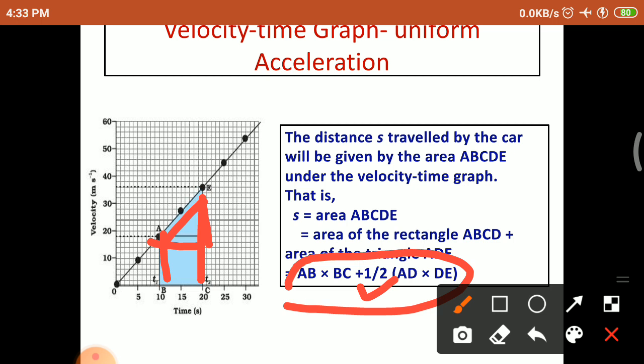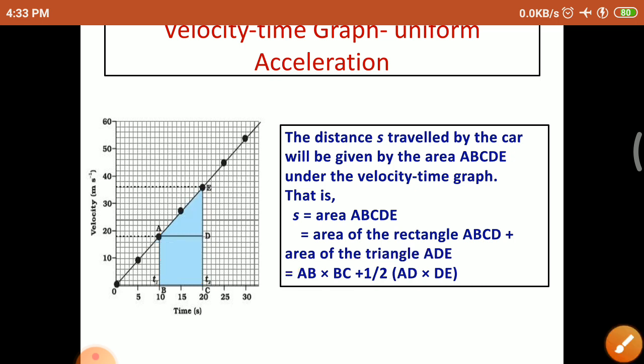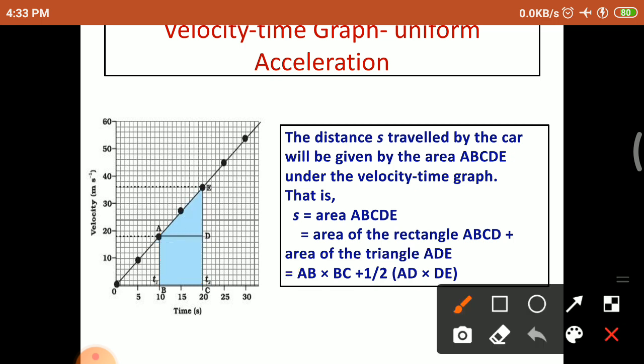Do you understand how to calculate the distance traveled? You have to take the area ABCDE, and this area is divided into two shapes. One is a rectangle and another one is a triangle. Then you use the area formula for the rectangle and the area formula of the triangle.